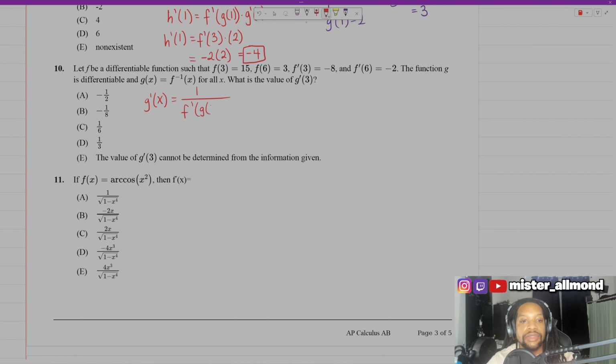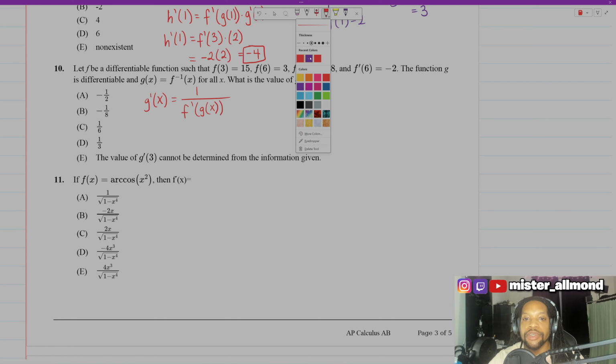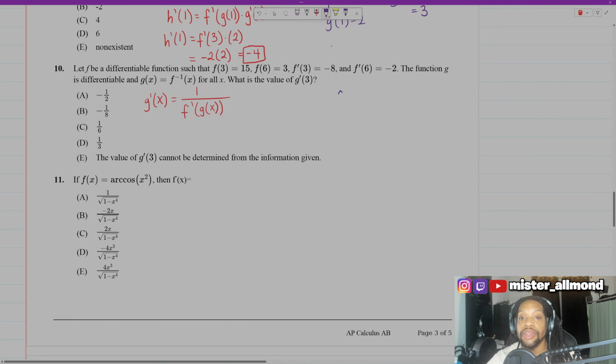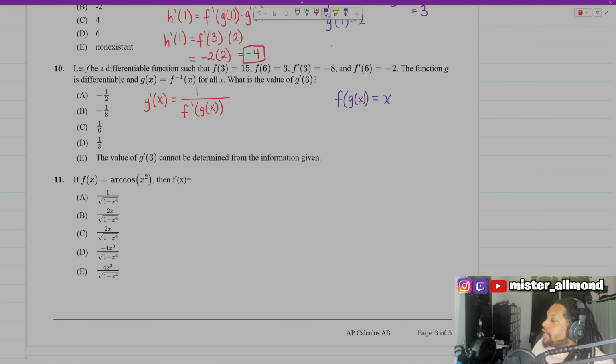Okay, let me fix that. Remember, if you're taking the test and you're blanking on this formula, hopefully you do remember that if f and g are inverses of each other, what has to happen is f of g of x has to equal x. That is a fact.